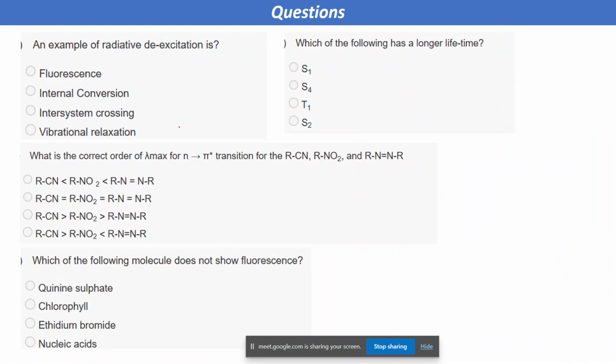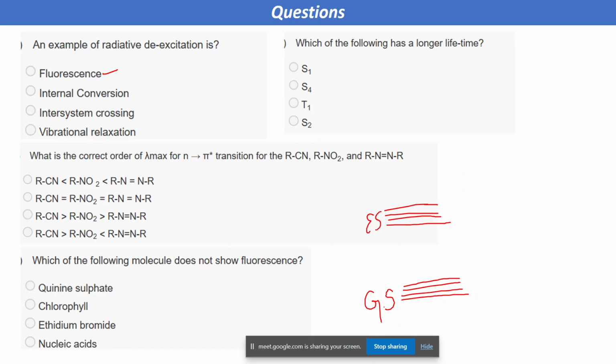Now, an example of radiative de-excitation is fluorescence, internal conversion, intersystem crossing, or vibrational relaxation. Fluorescence. If you see the Jablonski diagram, suppose your molecule is in the ground state. And this is the electronic level, while these are the vibrational levels of the ground state. And similarly, they are the vibrational levels of the excited states.